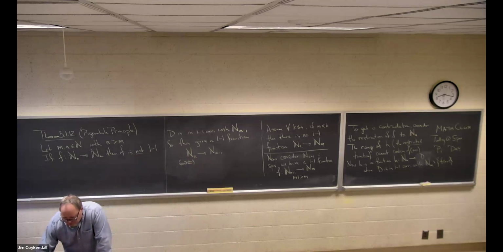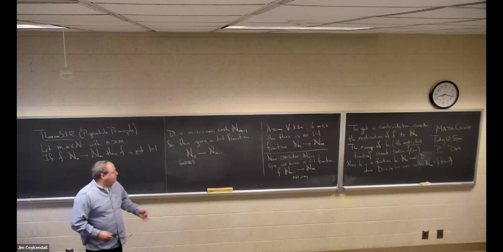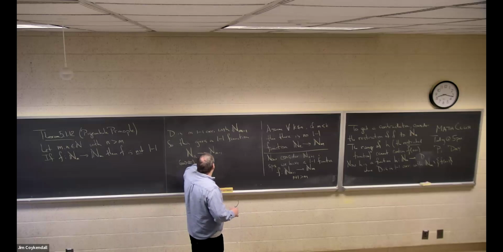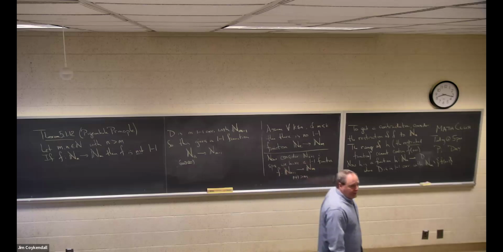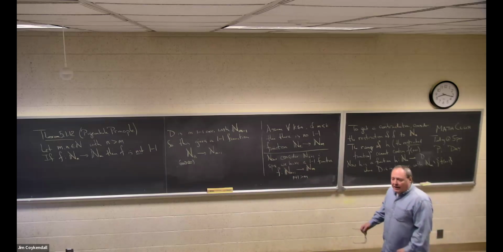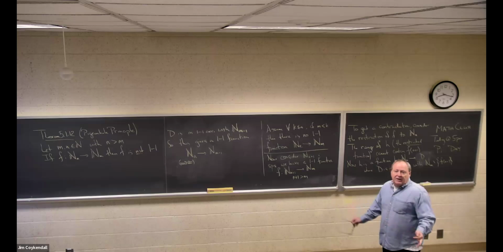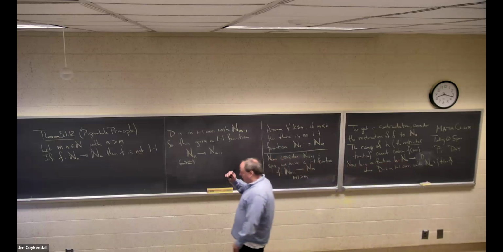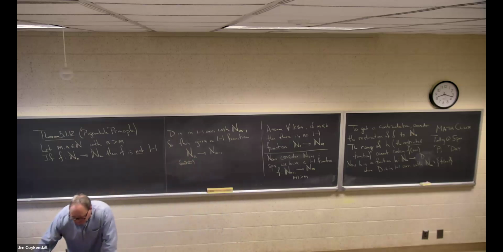This gives the pigeonhole principle, which basically says no one-to-one functions from finite sets if the domain is larger than the codomain, right? It means that if you have 10 mail slots and 12 letters, then somebody's going to get more than one letter. Obvious when you think about it, but this is actually quite useful.